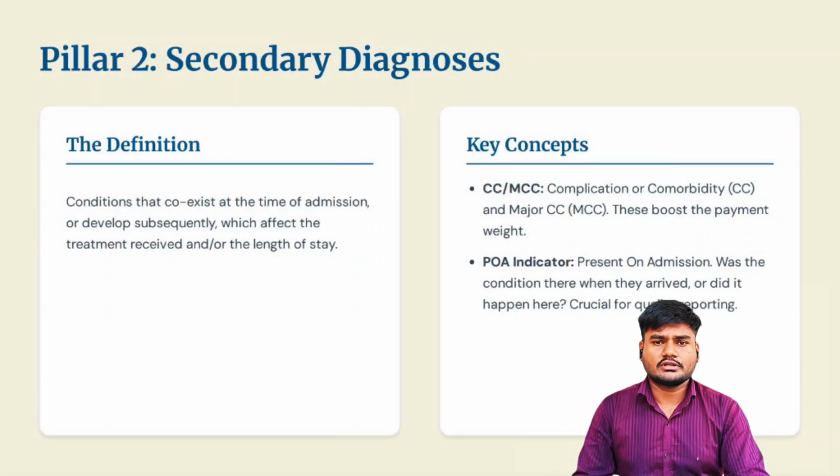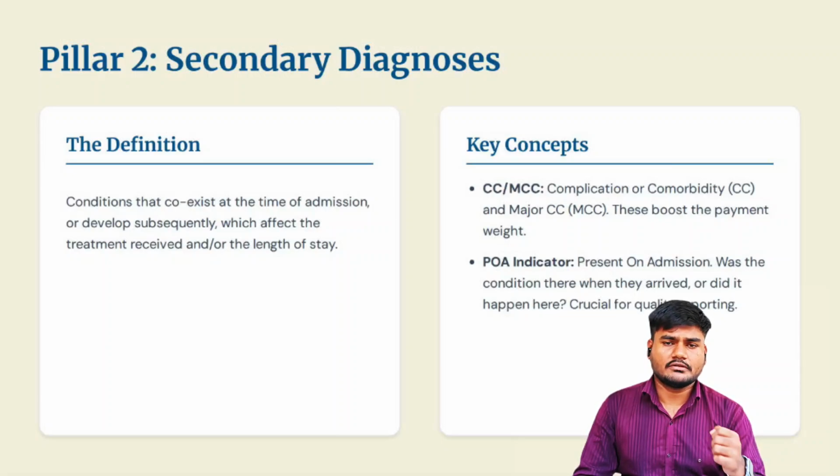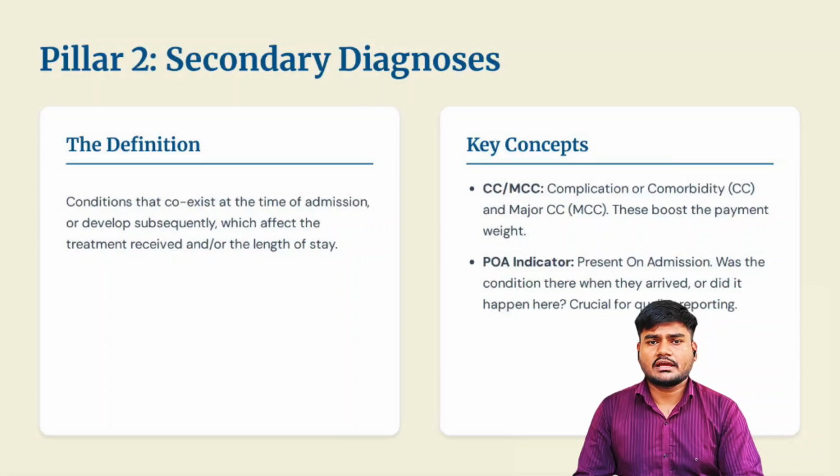For example, the patient has pneumonia, that is our PDX, but they also have severe sepsis, an MCC. That severe sepsis diagnosis will drastically increase the reimbursement weight. We also track the POA, the present on admission indicator, for quality tracking.